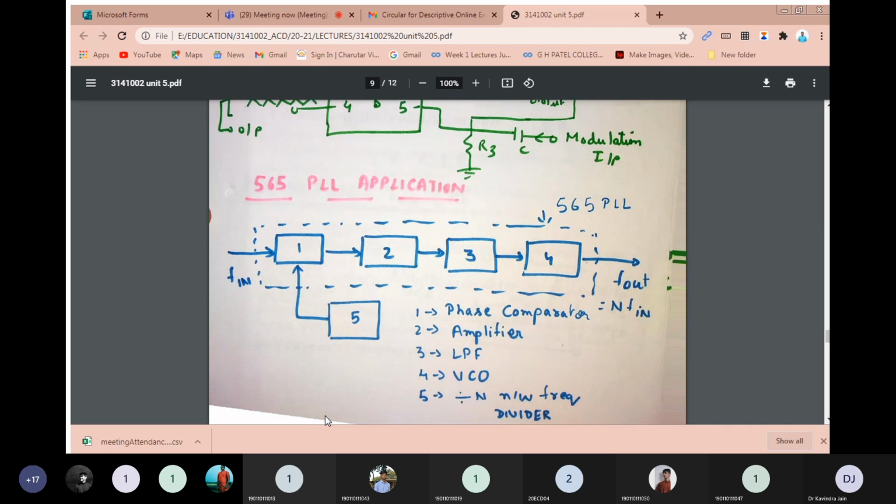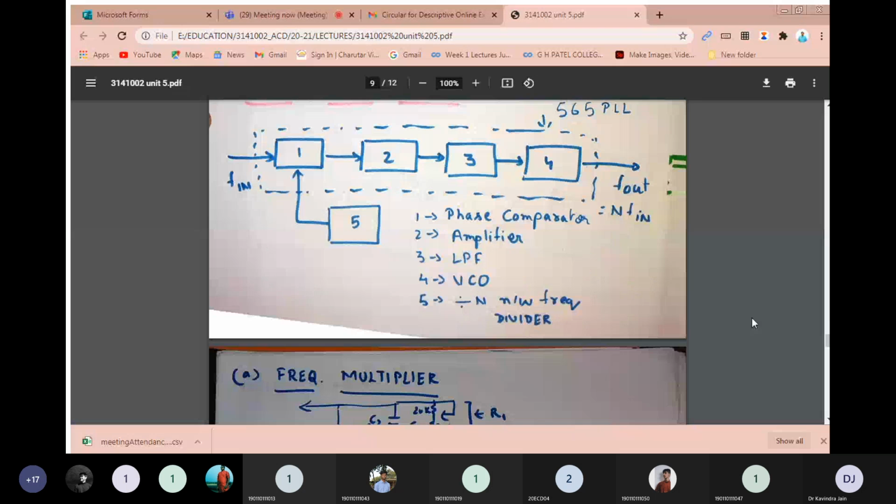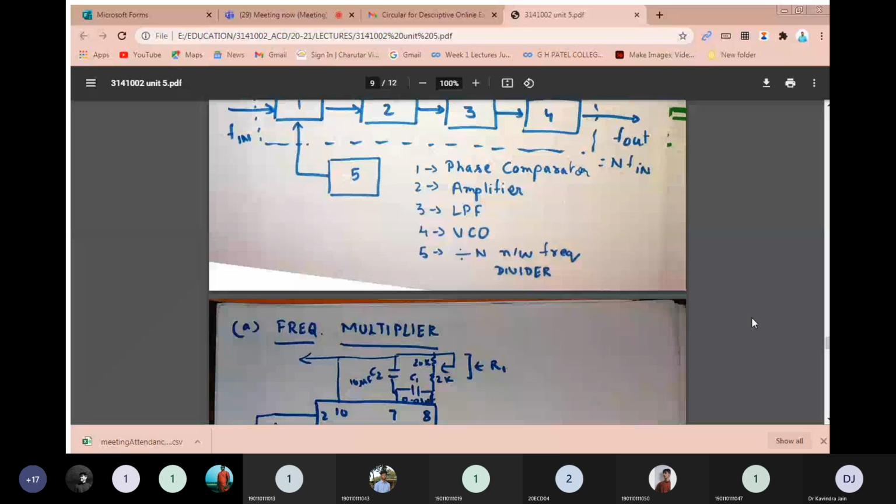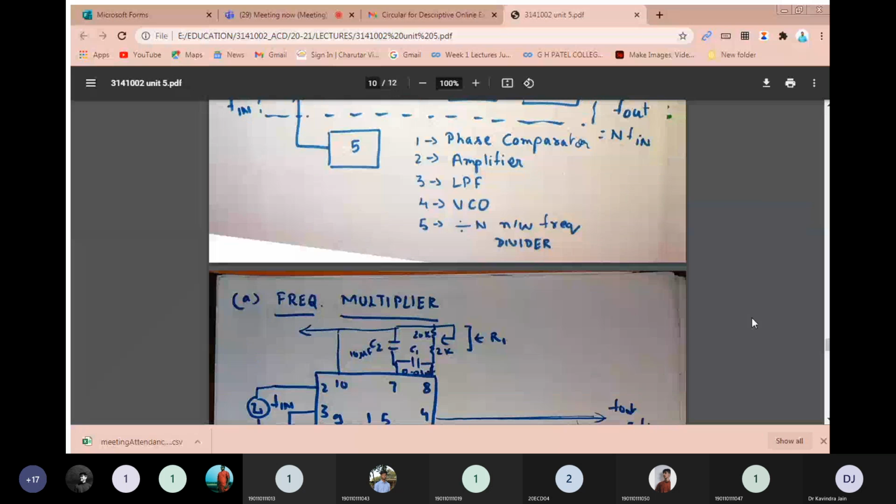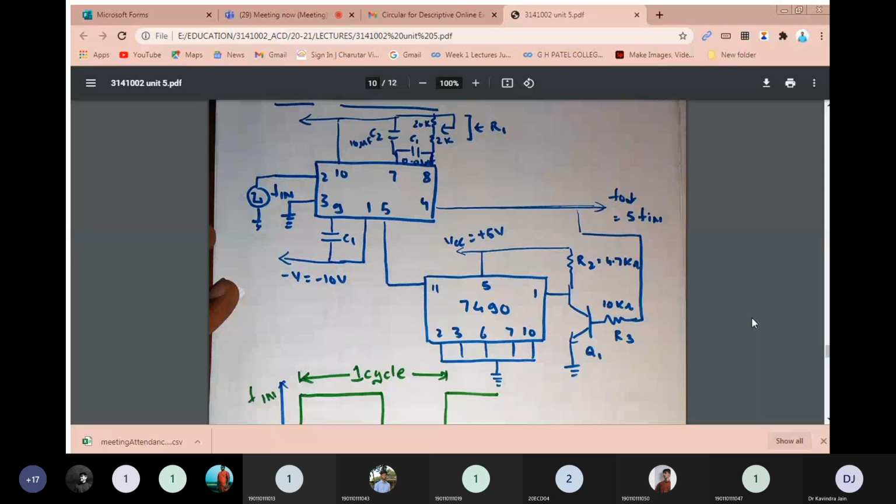The next thing in this particular circuit diagram about PLL applications is the frequency multiplier, which we are going to discuss over here. This is a frequency multiplier circuit.